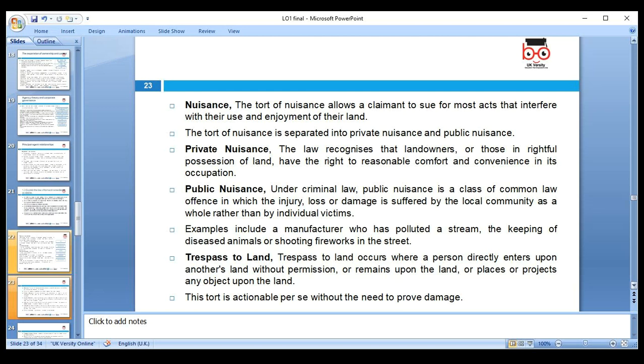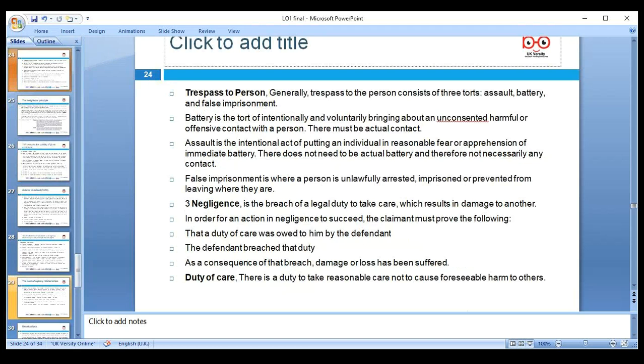The law recognizes that landowners, or those in rightful possession of the land, have the right to reasonable comfort, like private tenants and various other claims. Any questions on these? No, understood? Okay, so these are all about the tort laws.